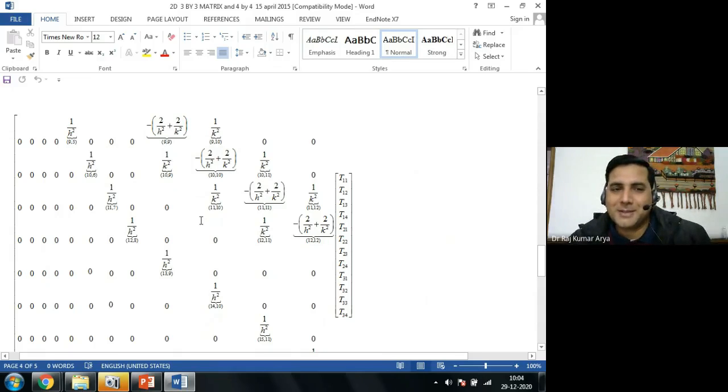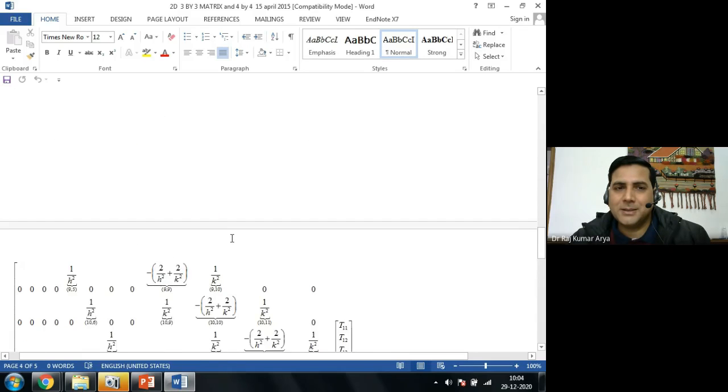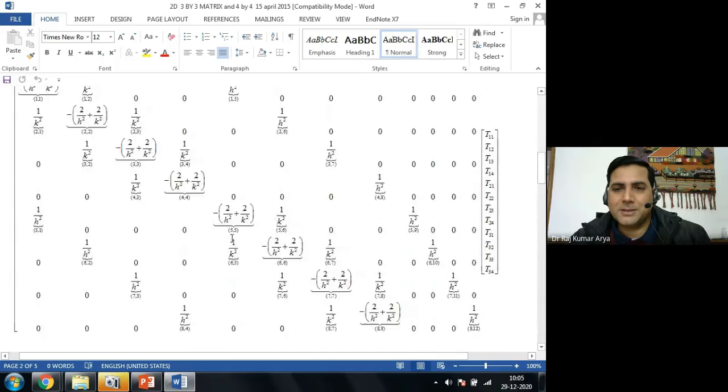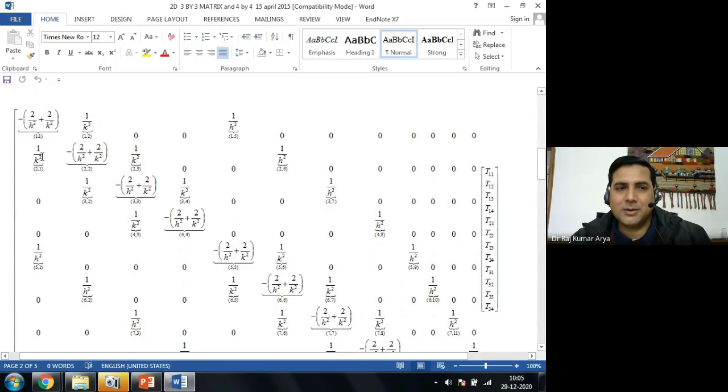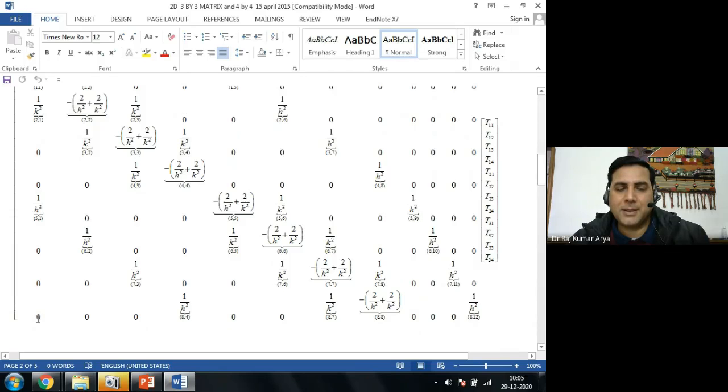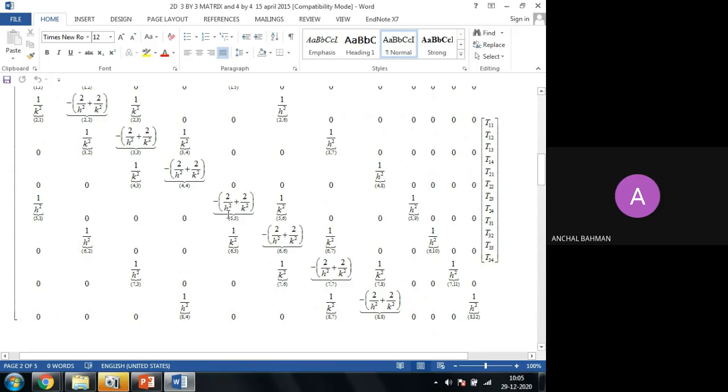So there is no change in your matrix. This is from the ninth row onwards. How many rows are there here? If you say 1, 2, 3, 4, 5, 6, 7, 8, 8 rows have come here. You will say there is no change here. Correct? Hello? Yes, sir.